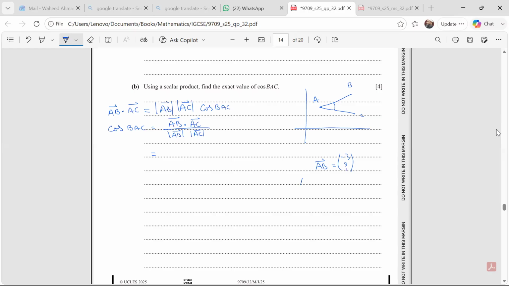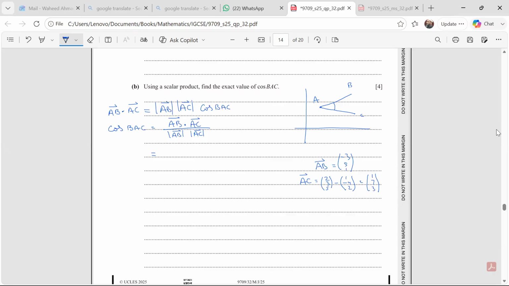Similarly, we can find AC. How we find it: the C vector, which is (2, 3, 5), minus the A vector, which is (1, -4, 2). So this will be 2 minus 1 is 1, 3 plus 4 is 7, and 5 minus 2 is 3.